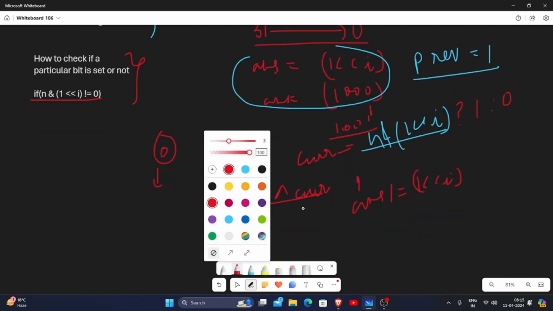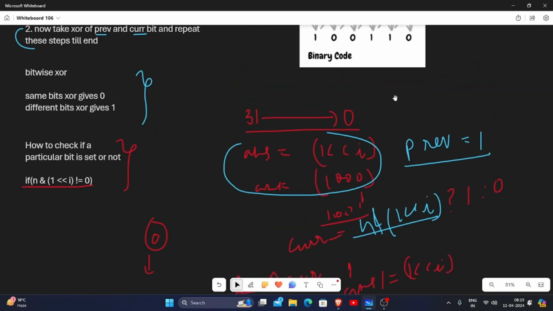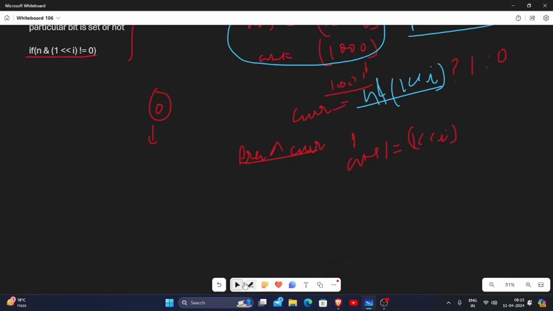next time, this current would be my previous. That is what we did when we were doing the algorithm. So next time when we form this number, this became the previous. That's why now I can say my previous would be nothing but previous XOR current, because next time I would again be calculating the current.